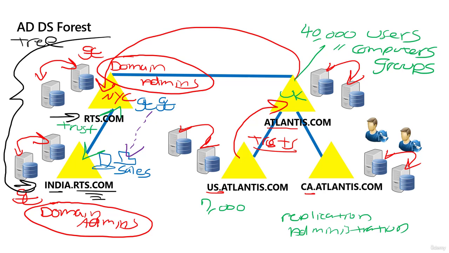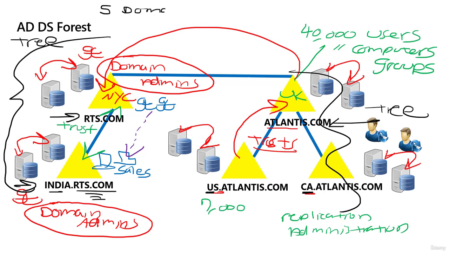On the other side, we have Atlantis. And then we have the CA.Atlantis and the US.Atlantis.com domains. This would be a tree. The Atlantis tree, we'll call it. So right now, what I would say is if we count these, I have 1, 2, 3, 4, 5 domains.